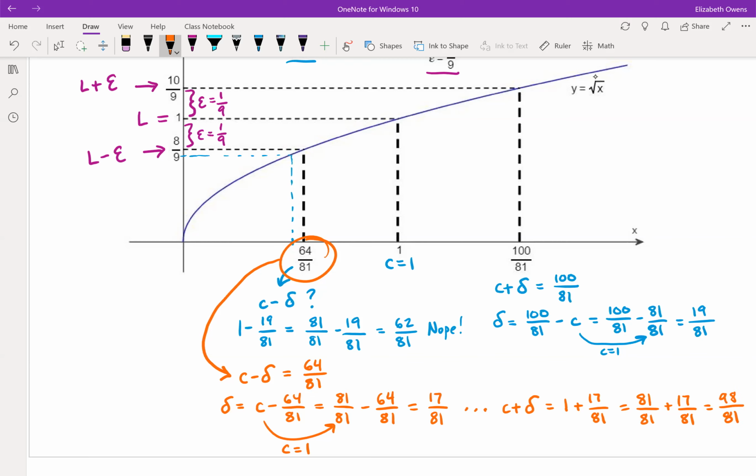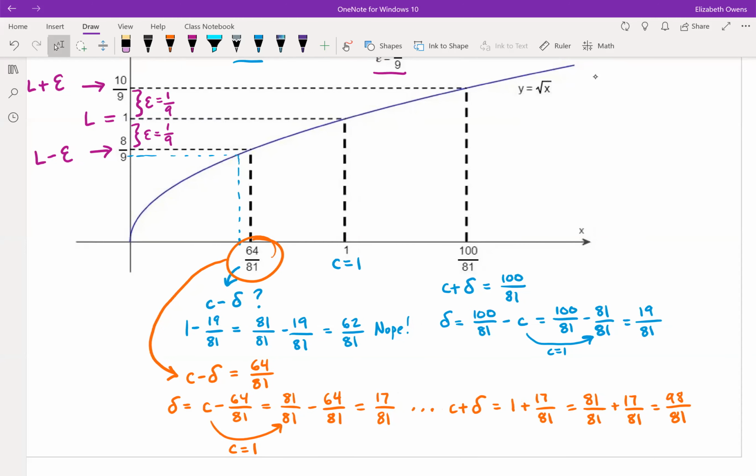And you'll notice that this is actually okay. 98 over 81 would fall right here, approximately, and that is within the specified interval. If we use that value, 98 over 81, for x, it will still give us a fine y value that falls within epsilon of the limit.